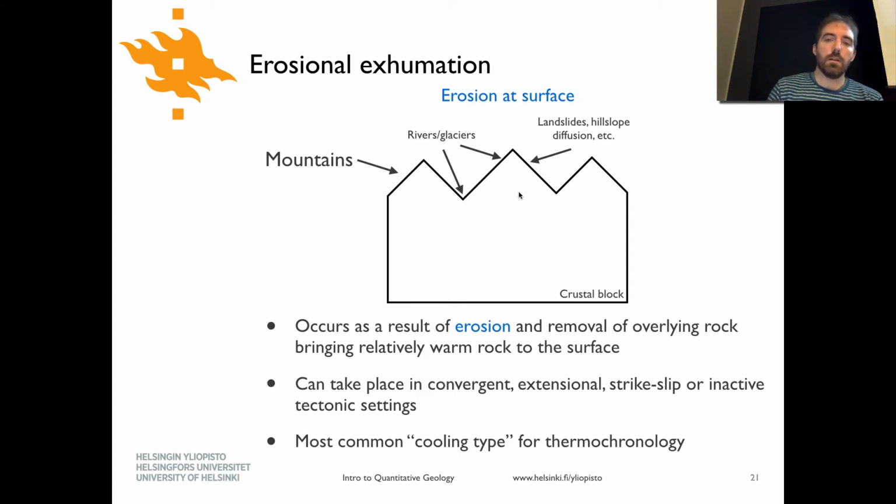And so basically we're removing material at the Earth's surface, and what the effect is, in essence, is to have something like rock uplift here. So what the rocks experience within the crust is that as you remove the rock above them, essentially you're moving rock up toward the Earth's surface.